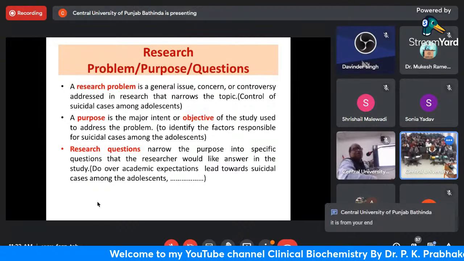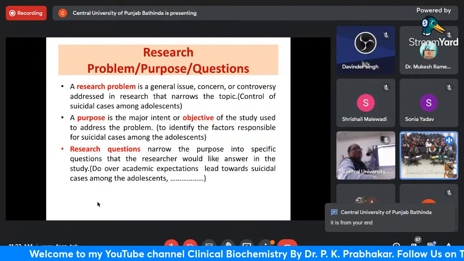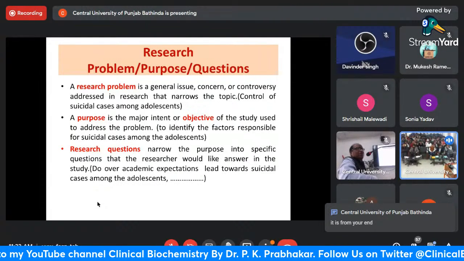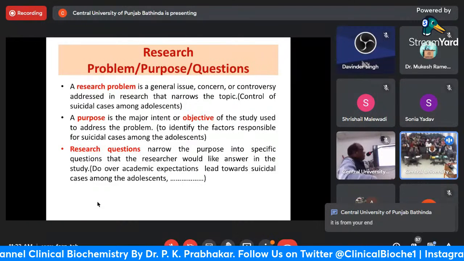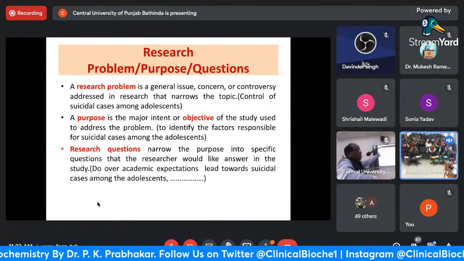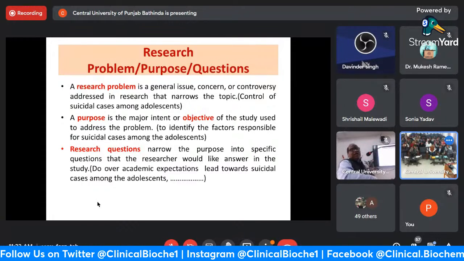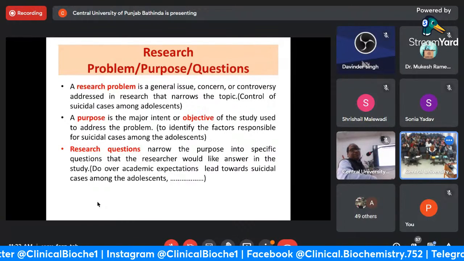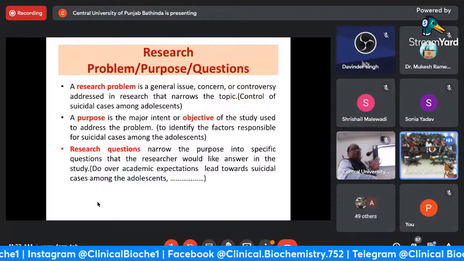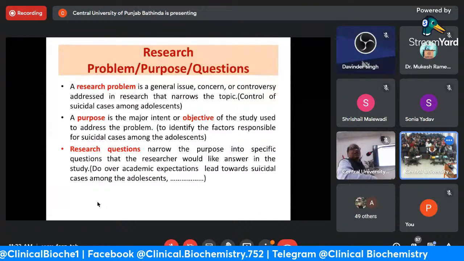This is the problem before me. Why is it increasing? How to control it? This is the problem, the challenge. And my objective is to identify the factors responsible for it. I have to explore what are the factors responsible for such a phenomenon.